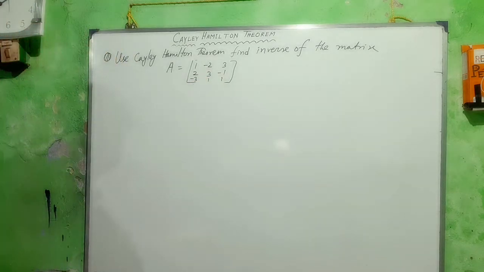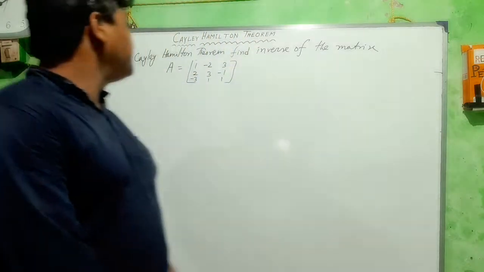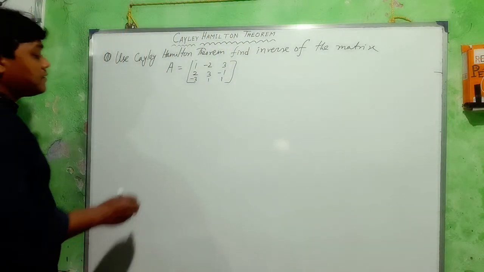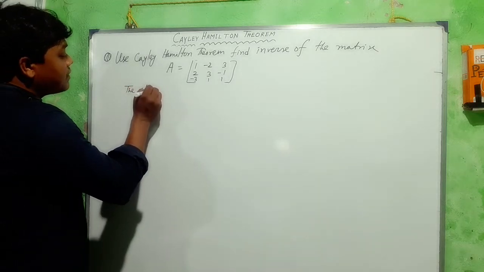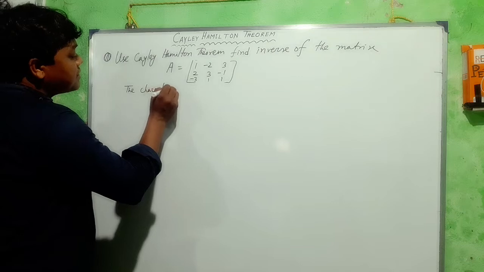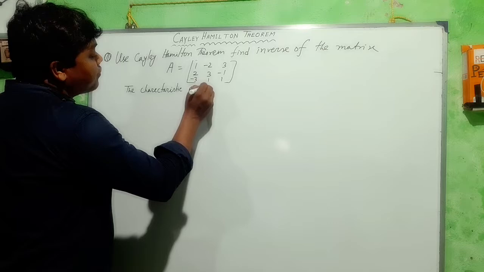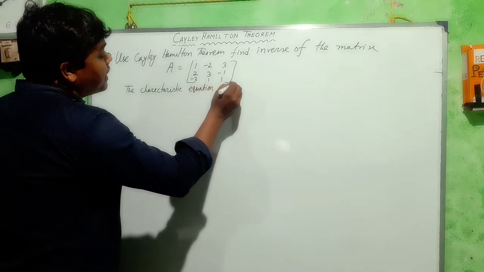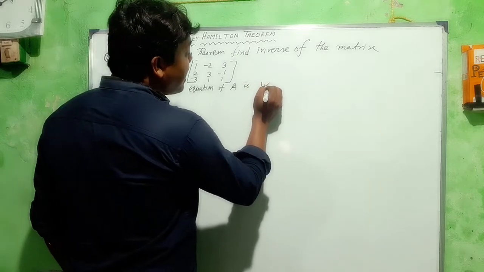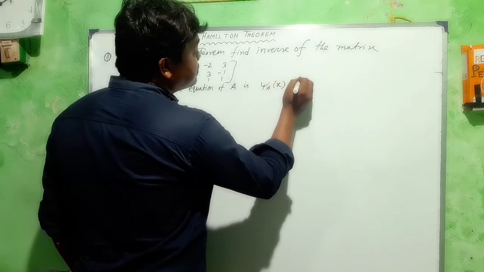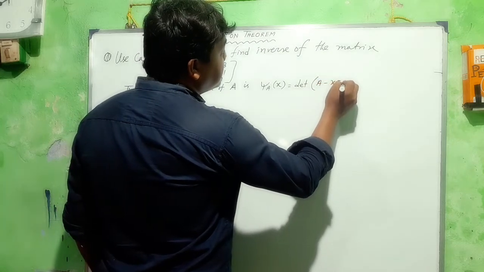Okay. So first we have to determine the characteristic equation. So A is given to you, a 3 cross 3 matrix. So the characteristic equation of A is psi A of x equals to determinant of A minus x I3.